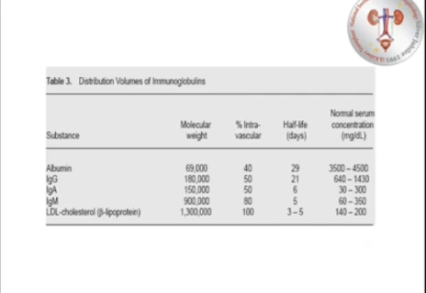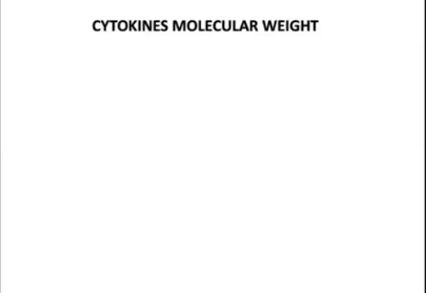The molecular weight of albumin is 69,000 Daltons or 69 kilodalton. IgG is 180 kilodalton, IgA 150 kilodalton, IgM 900 kilodalton, and low density lipoprotein cholesterol is 1,300,000 Daltons or 1,300 kilodaltons. It's a very big molecule.